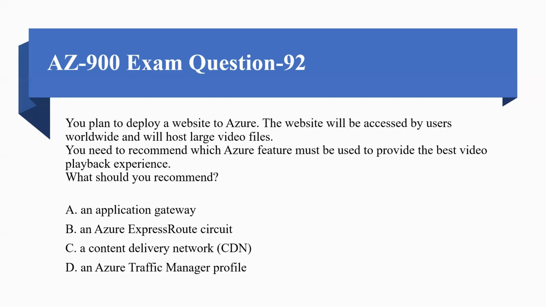B. Azure ExpressRoute Circuit. C. A Content Delivery Network (CDN). D. An Azure Traffic Manager profile. So, in order to provide access worldwide and host large video files, the Azure feature must be option C, a Content Delivery Network (CDN).